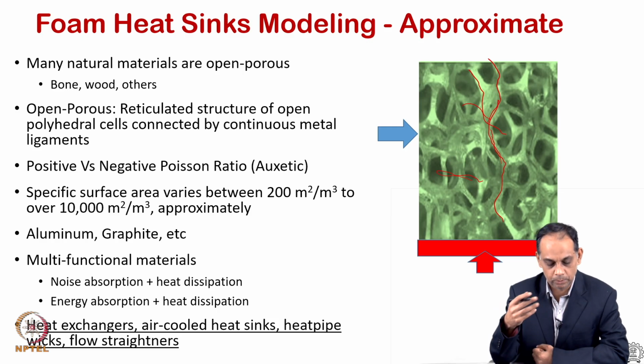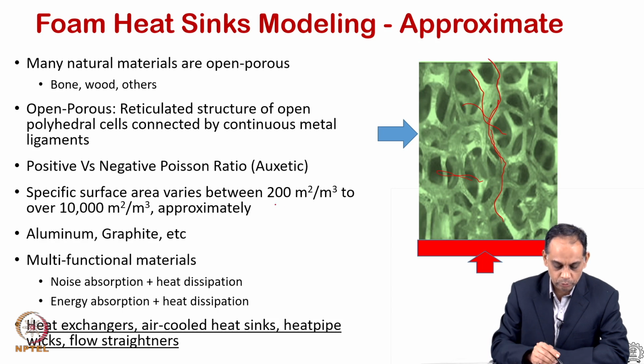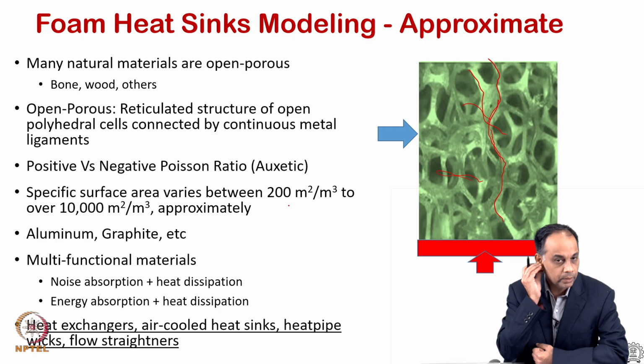even nickel superalloys. So what we are going to look into is only a simple foam geometry like aluminum or copper based. And one of the main advantages is that when you do foaming, the specific surface area per volume increases dramatically compared to some of the other geometries that we typically encounter in heat sinks.